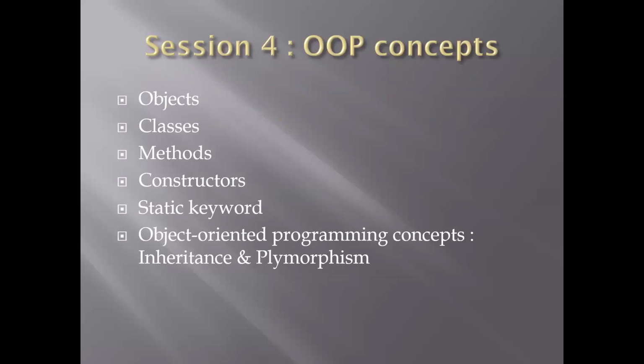So that's the beginning of object-oriented programming. We're going to set a definition for object-oriented programming. Then we will talk about objects, classes, and methods, which are the main components of all programs written in an object-oriented programming language. Then we will learn about constructors and static keywords.